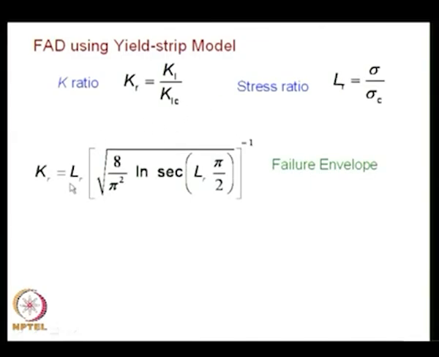This provides the interrelationship between Kr and LR. So, Kr equals LR multiplied by the square root of 8 by pi squared, times the natural logarithm of secant of LR pi by 2, and the whole power minus 1.